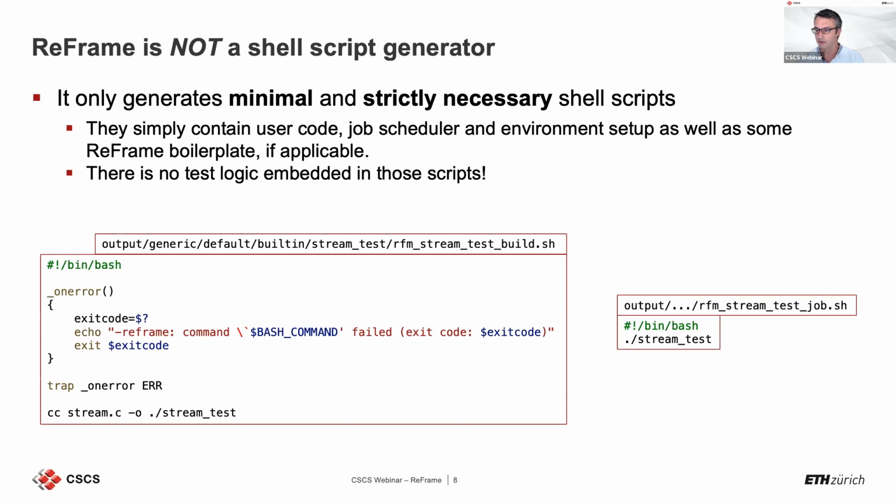And the same goes for what is going to be executed, which is essentially a bash script that executes the generated executable. The reason that this is a bash script and it's so simple, looks silly here, is that the same test can generate a completely different job depending on the job scheduler, if you use one on the system you are on, and on the configuration. So that's why you have a shell script here.